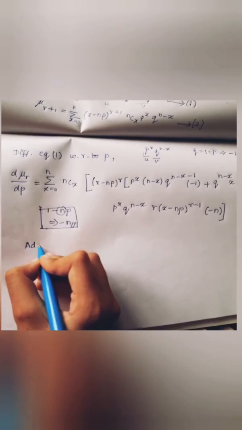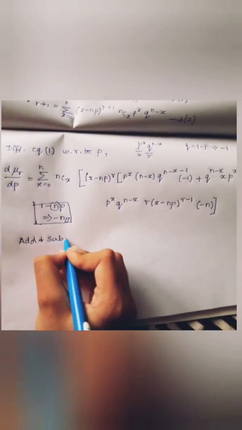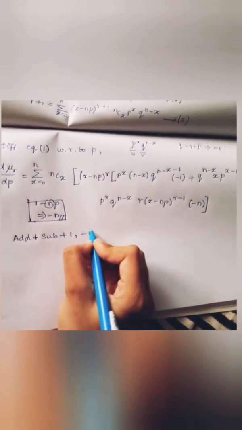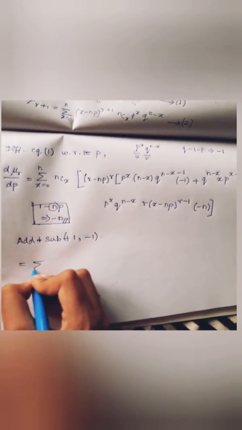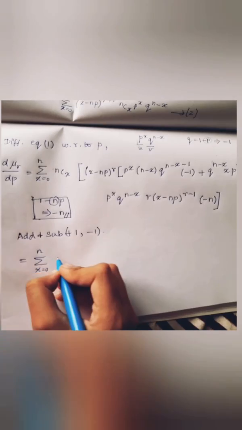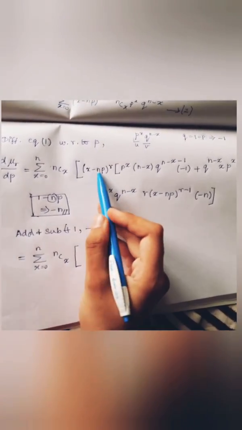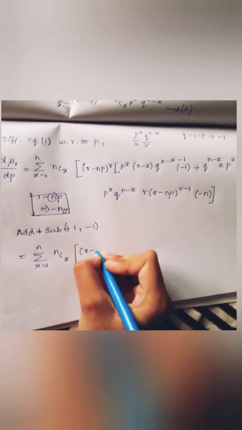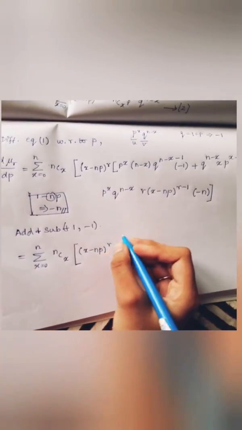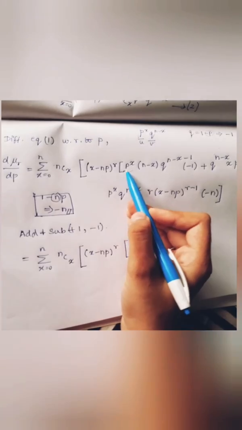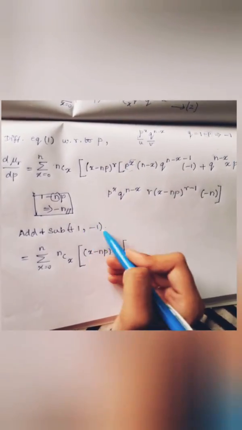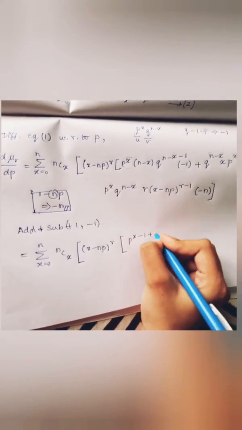Now for the other step, we have to add and subtract 1, so that summation x is equal to 0 to n, ncx, x minus np we should write as it is, whole power r. Now here we should add and subtract 1, p power x minus 1 plus 1.